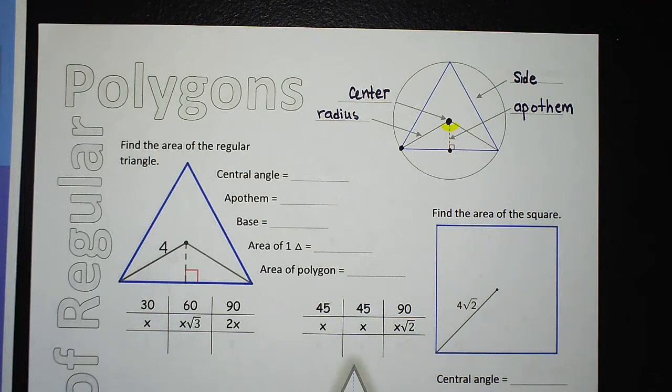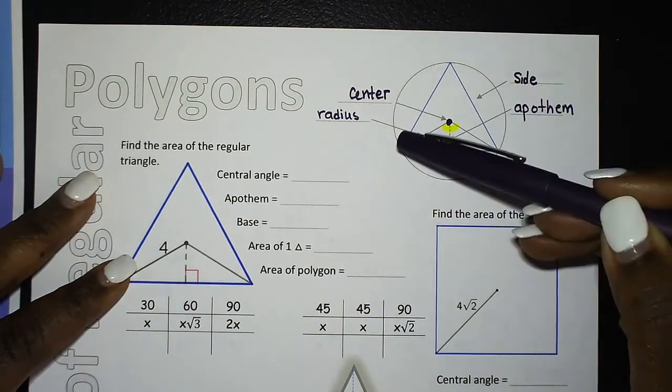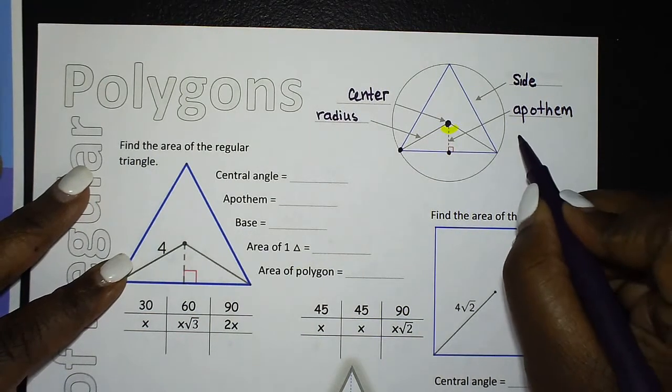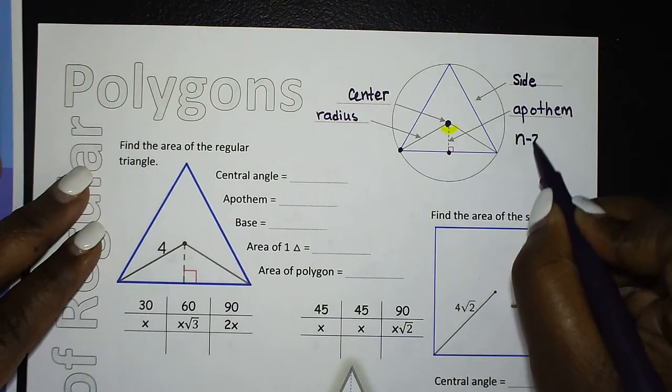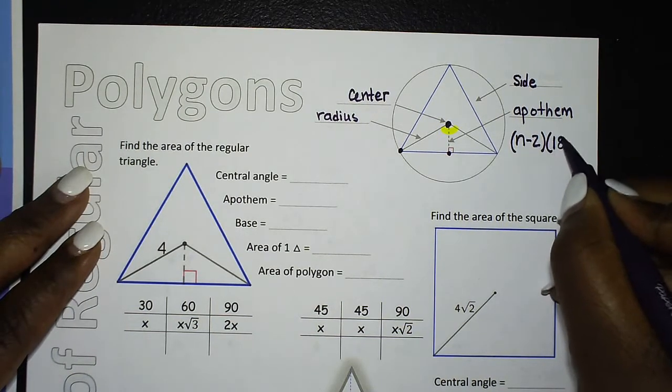Now, we know that all the angles in the triangle add up to 180. But just to have it in our hat, we know that n minus 2, n is the number of sides, times 180.